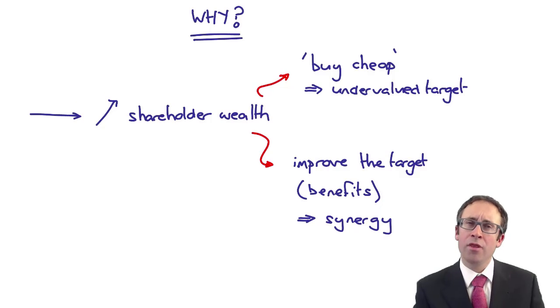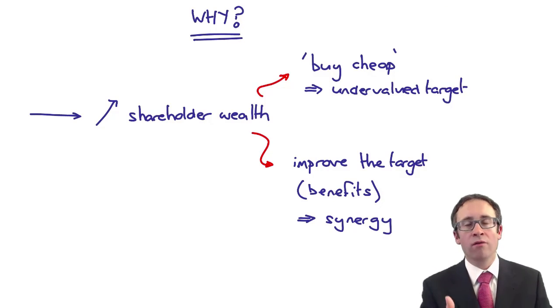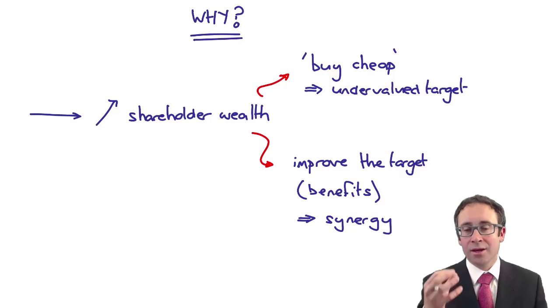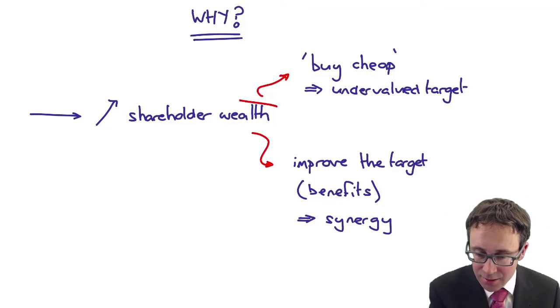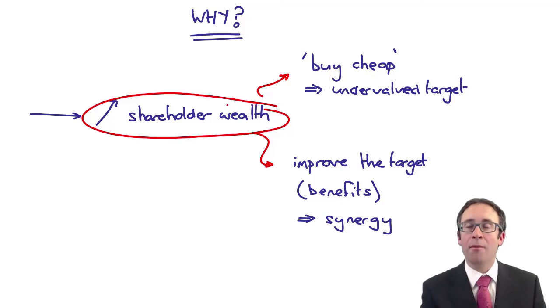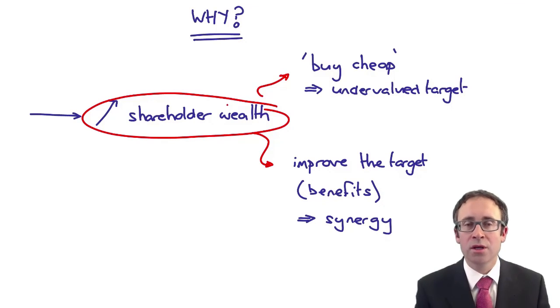But you need to think about those benefits, whether that's the revenue benefits, the cost benefits, the tax benefits, or the financial benefits. All of those should hopefully combine together to increase the shareholder wealth, and we know that that is the primary business objective when it comes to looking at financial management.